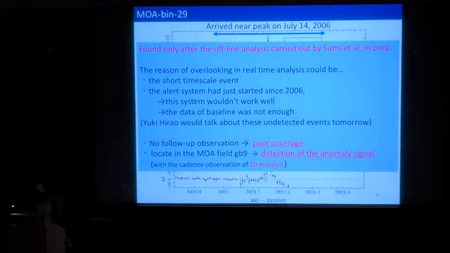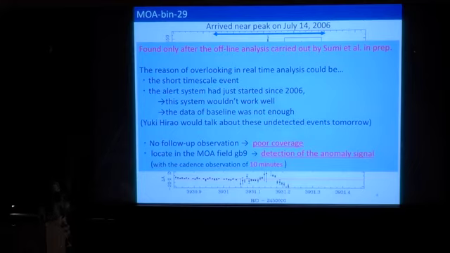One could be the short time scale of the event, and the second is that the alert system had just started in 2006, so there is a possibility that the system didn't work well, or the baseline data was not enough to fit the single lens model. But maybe we can think of another reason. Tomorrow, Hirao-san will talk about these undetected events in detail.